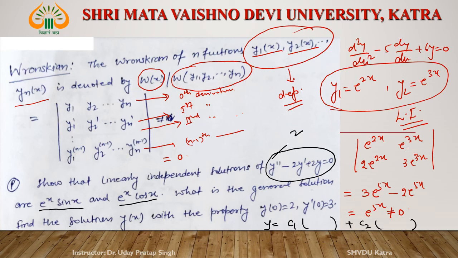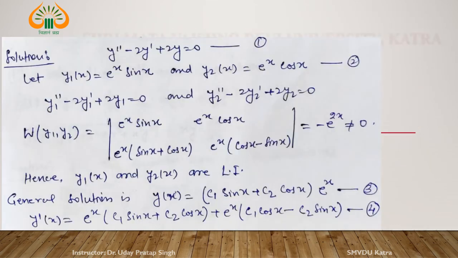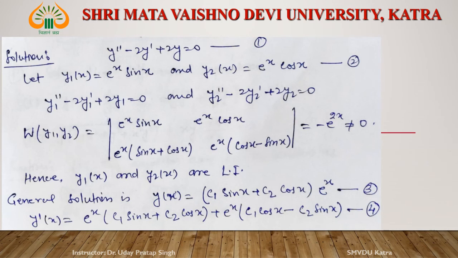Next, find the solution y(x) which satisfies this condition. Let us say y1 is this one and y2 is this one. Then are they dependent or independent of each other? So calculate their Wronskian. e to the power x sin x, e to the power x cos x is the first row, and their derivatives form the second row.